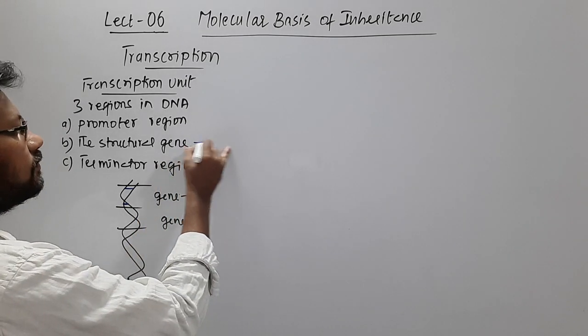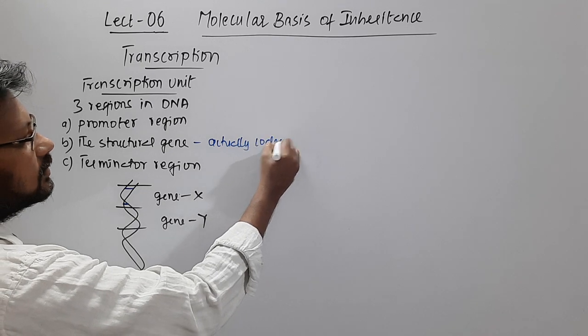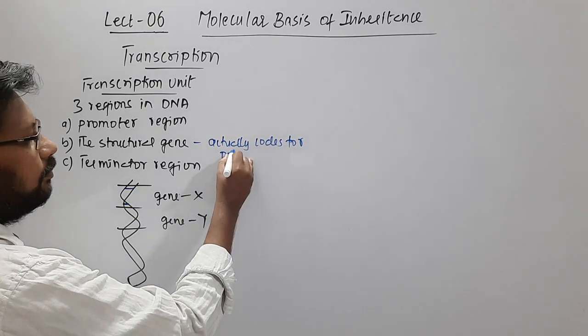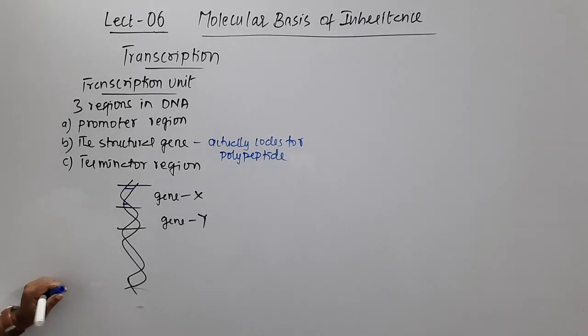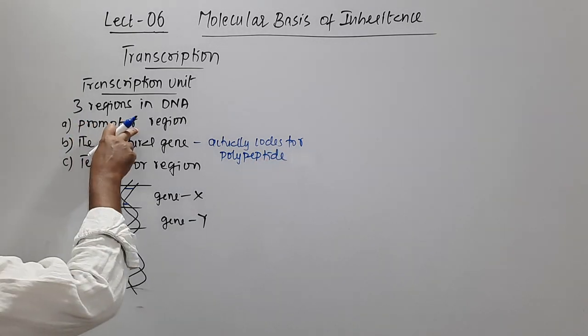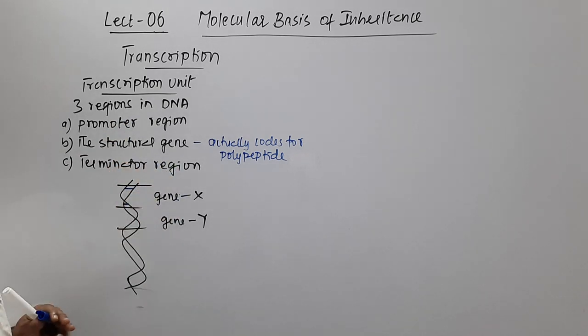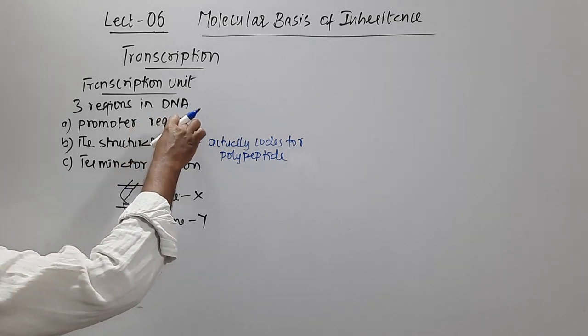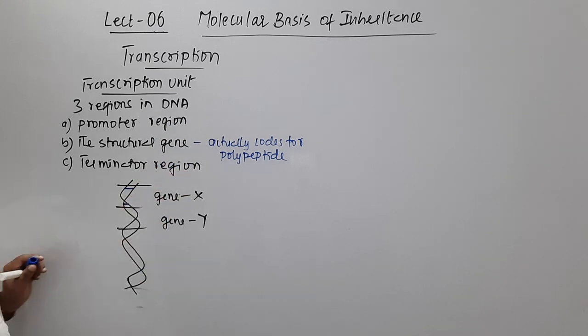So this gene actually codes for a polypeptide, whereas these promoter and terminator regions help the enzymes in identification: where will be the starting point of the gene, and where will be the ending point of the gene.